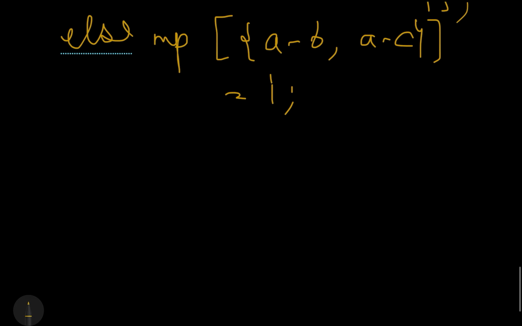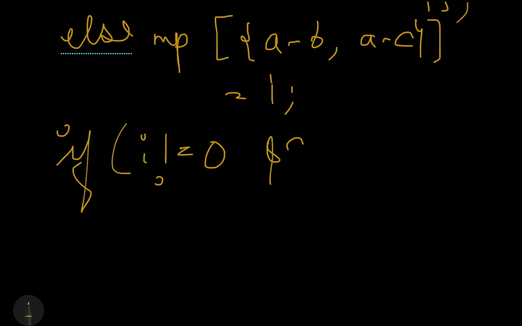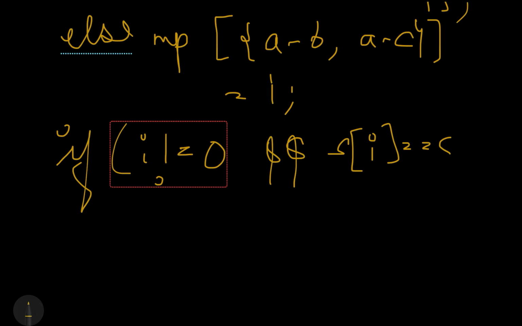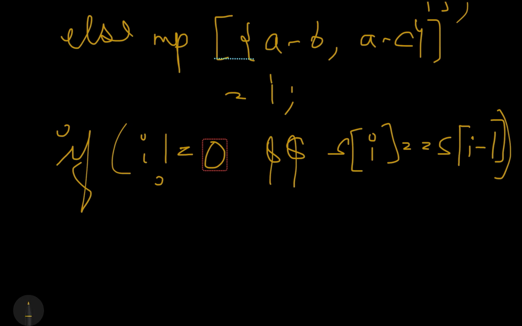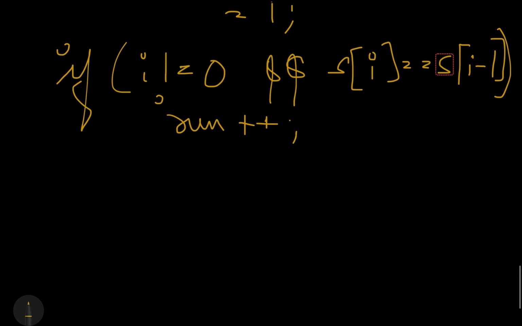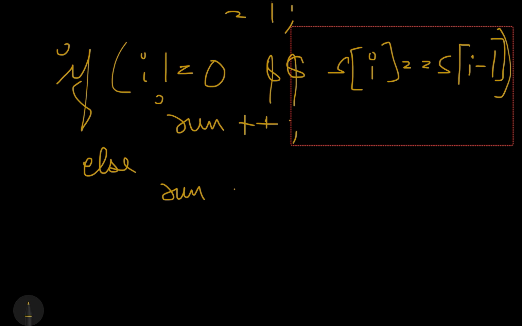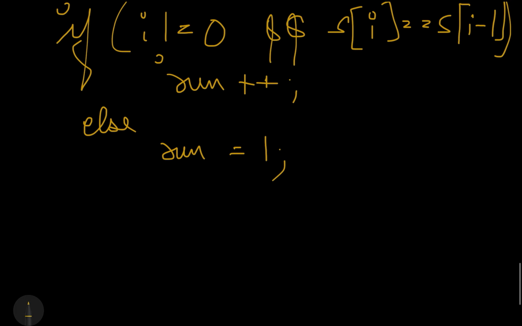And at last we'll update our run. How will we update our run? If i is not equal to 0 and s of i is equal to s of i minus 1, then we'll update our run counter. The run counter will track if only one character is there.